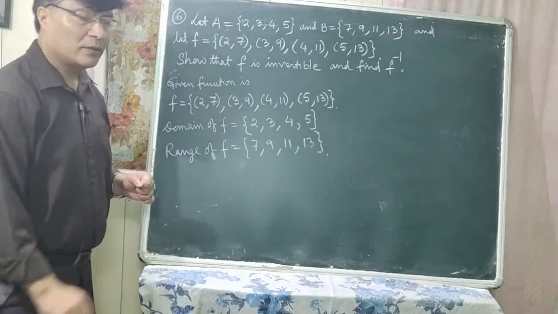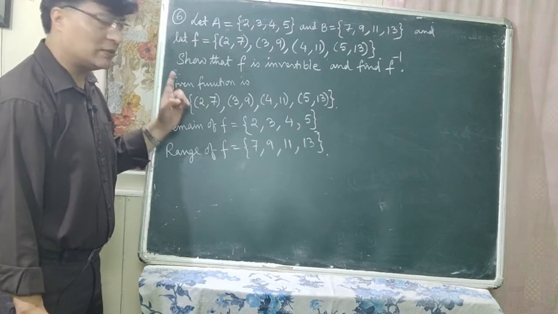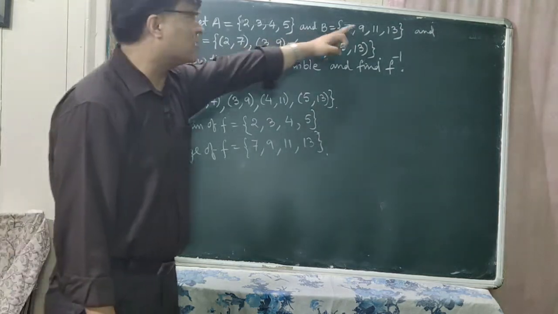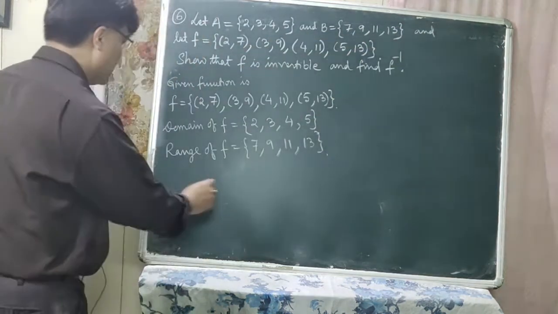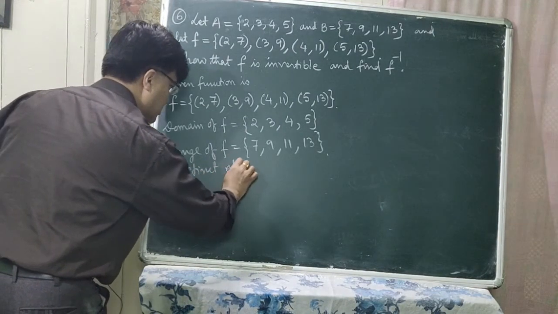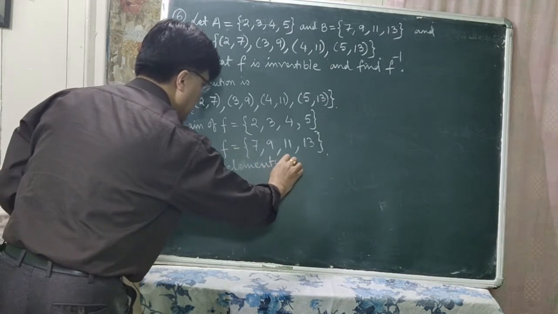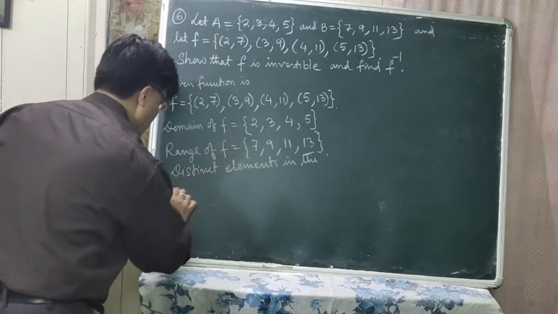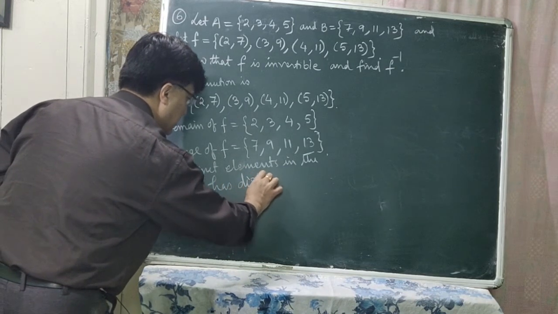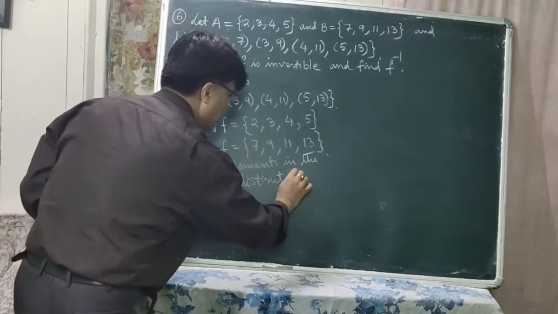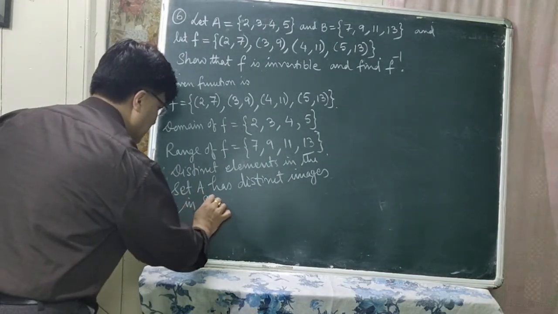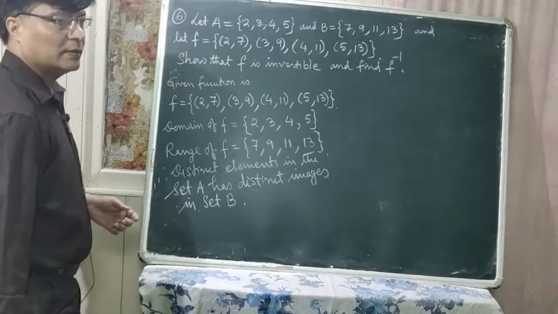So now here distinct elements in the set A have distinct images in the set B. So this is 1-1. Okay, so therefore distinct elements in the set A have distinct images in set B. Is that clear?